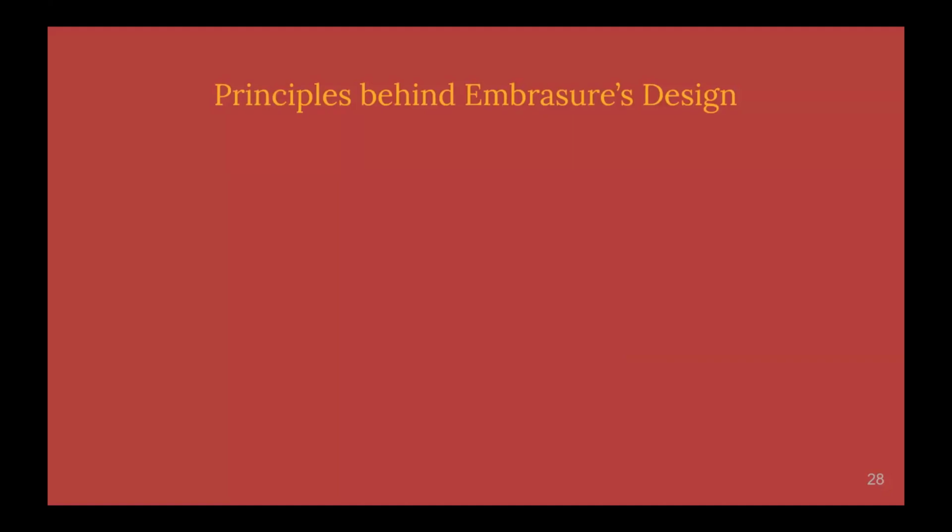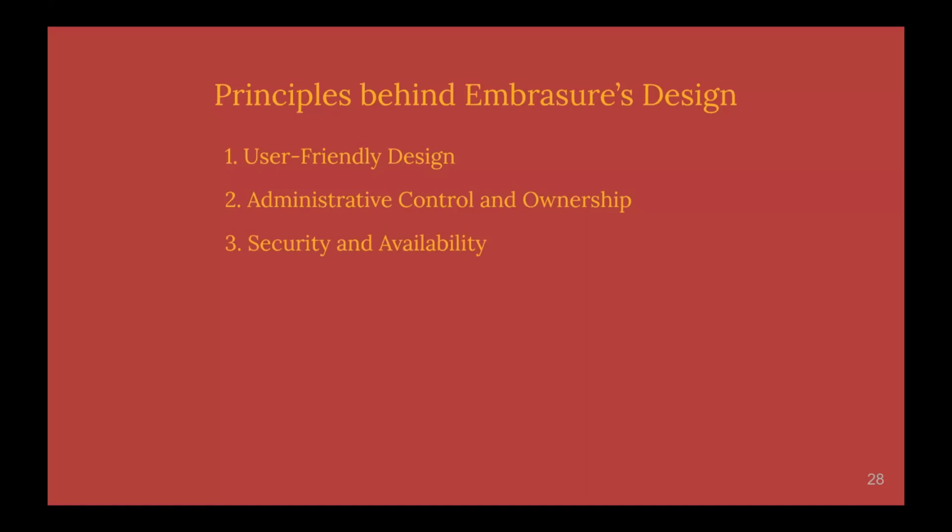From the start, there have been 5 core principles that guided the design and growth of Embrasure. These core principles are: 1, creating a user-friendly and easy-to-understand interface. 2, keeping administrative control and ownership firmly in the hands of the users of Embrasure. 3, maintaining a reliable, highly available, and highly secure secrets manager. 4, implementing a solid means of authentication and authorization for all Embrasure actions.